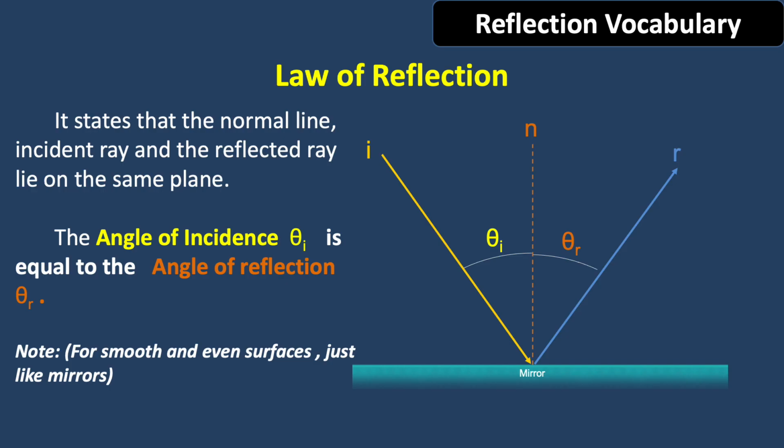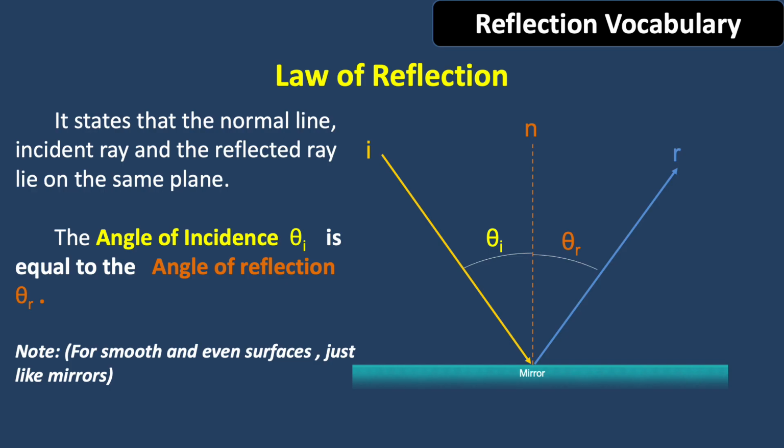Now for statement 2, the angle equality. This is the most crucial part. It states that the angle of incidence is exactly equal to the angle of reflection. This is a hard rule for any smooth surface. For example, if the angle of incidence is 50 degrees, meaning the light arrives 50 degrees away from the normal line, the angle of reflection must also be 50 degrees as it bounces away.